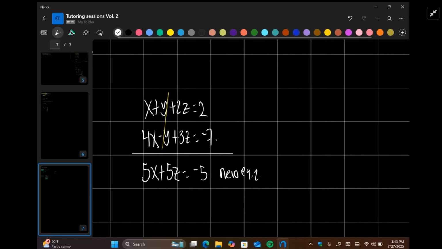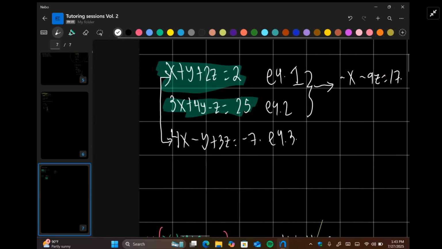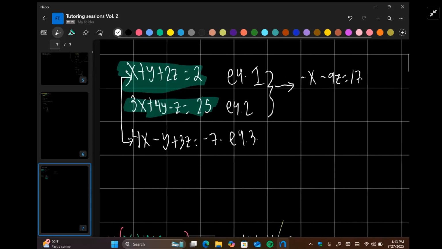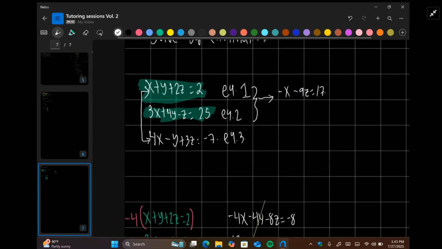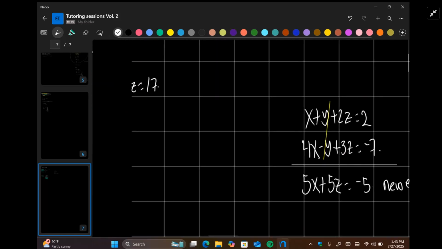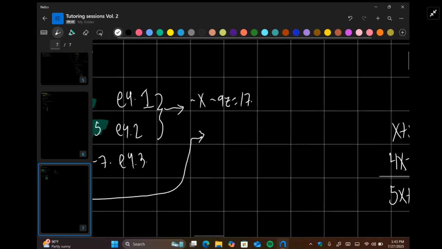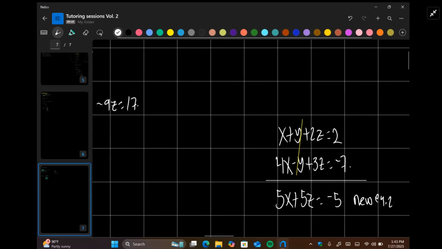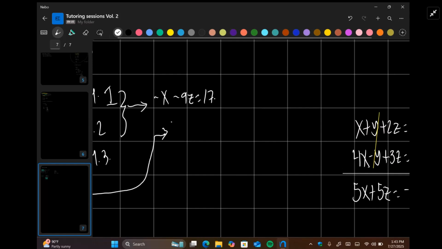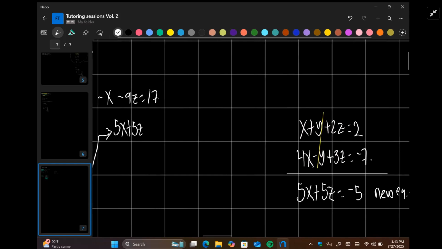Between these two equations, after canceling out a variable, we end up with a system of two equations and two unknowns. The second equation is 5x plus 5z equals -5.